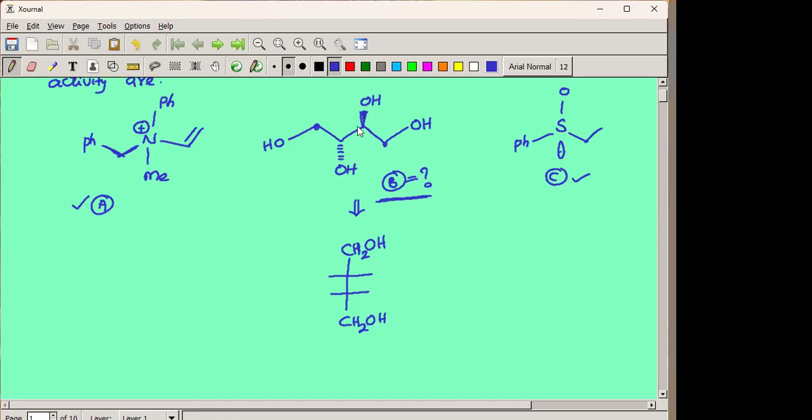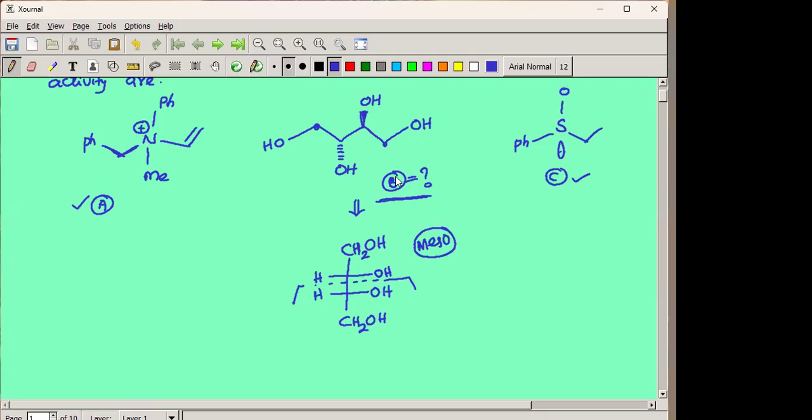This is present in one plane, and this is present in another plane. So there is a plane of symmetry. This molecule shows a plane of symmetry. So this is an optically inactive meso compound. Otherwise, it would be optically active D or L form.